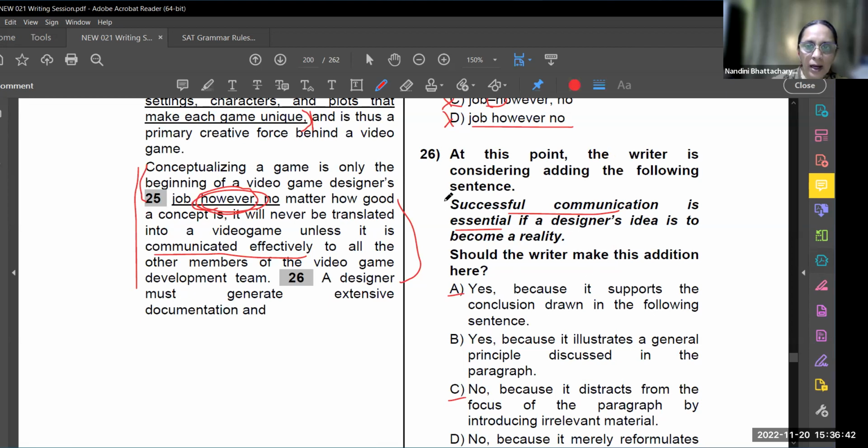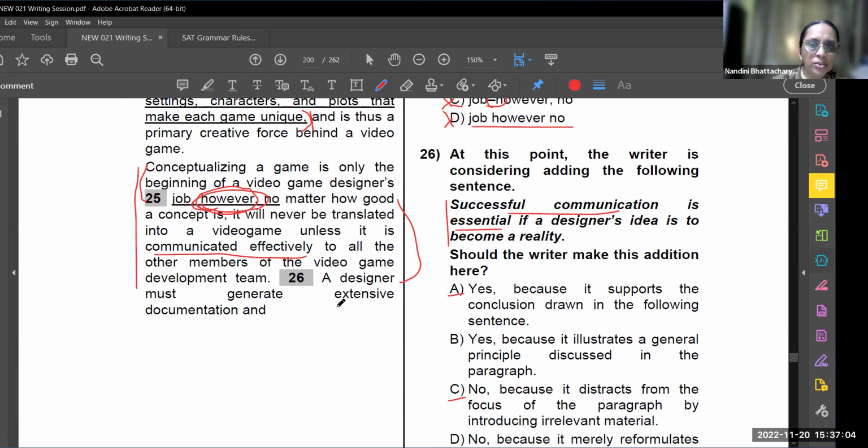So if we add this, we can read the paragraph adding this sentence. However, no matter how good your concept is, it will never be translated into a video game unless it is communicated effectively to all the other members of the video game development team. Successful communication is essential if a designer's idea is to become a reality.